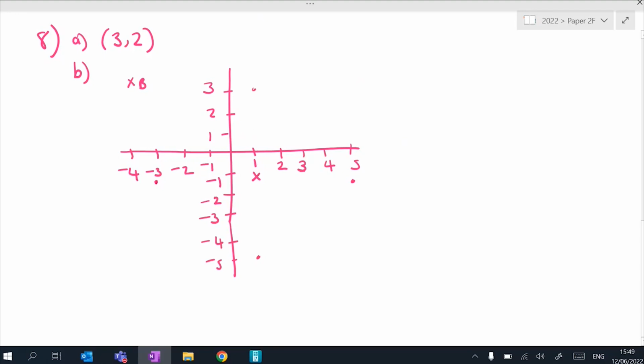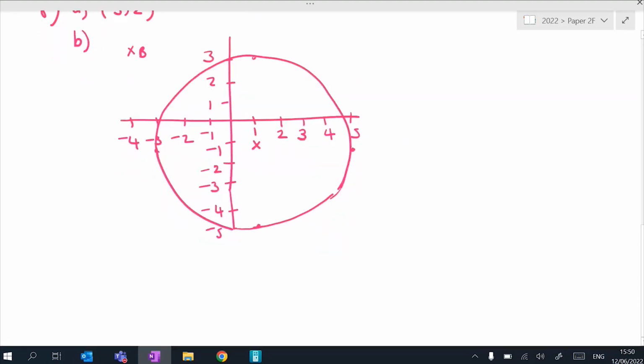If you've got a compass, hopefully you can do this a lot better than I can. Oh, it should go through that point. So make sure it goes through those points. If you've got a compass, obviously it should be accurate enough to do that anyway.